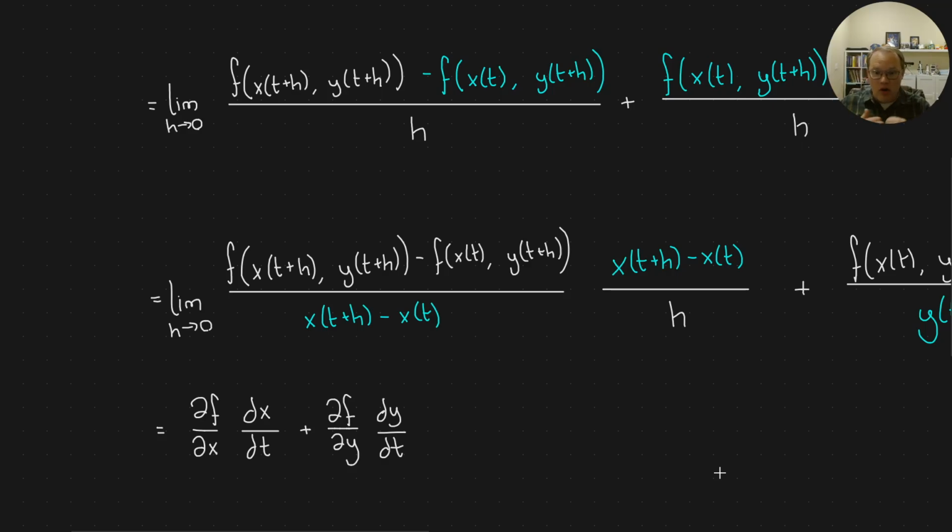And that is our formula for the multivariable chain rule in 2 variables. In 3 variables, I didn't want to write it because this is already long enough, but we would just have the partial derivative of f with respect to z times dz dt. Okay.